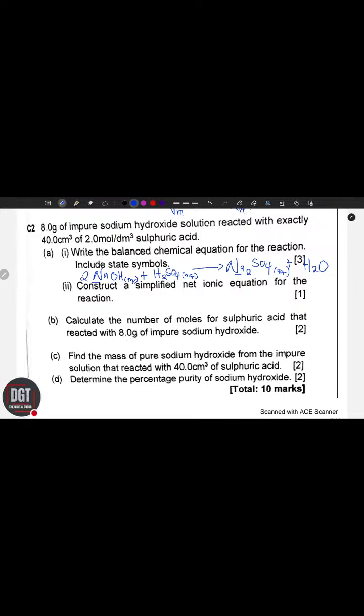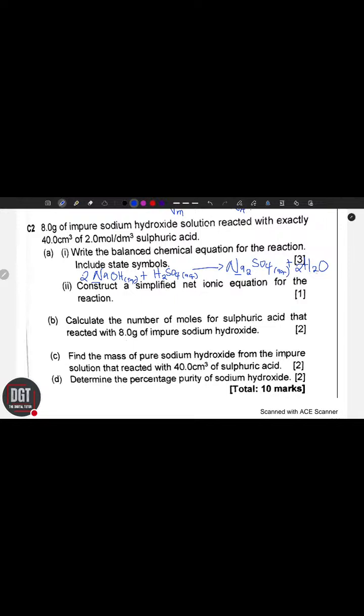So sodium is balanced. Now let us look at oxygen. Oxygen on this side, these 2 multiply even this. So 2, then plus 4. So oxygen we have 6. What about this side? Oxygen we only have 4 or 5. So what if we put a 2 here? Putting a 2, hydrogen will be 4, oxygen will be 6. Let us look at hydrogen. Hydrogen 2, then hydrogen here 2, so 4.